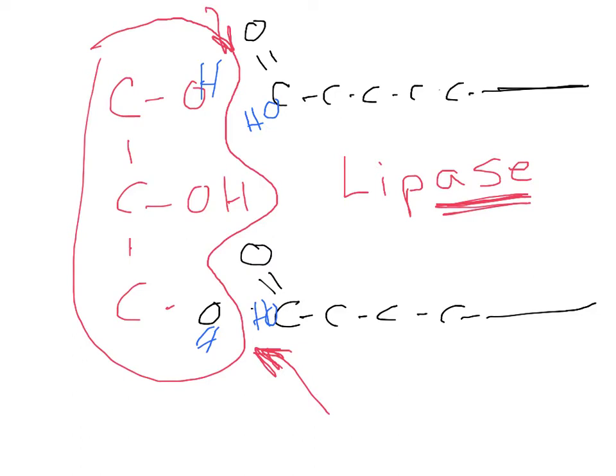The next group that we have on that sheet of lipids are your waxes. And waxes look a little bit like fats, but here's the big difference. They do not have glycerol.